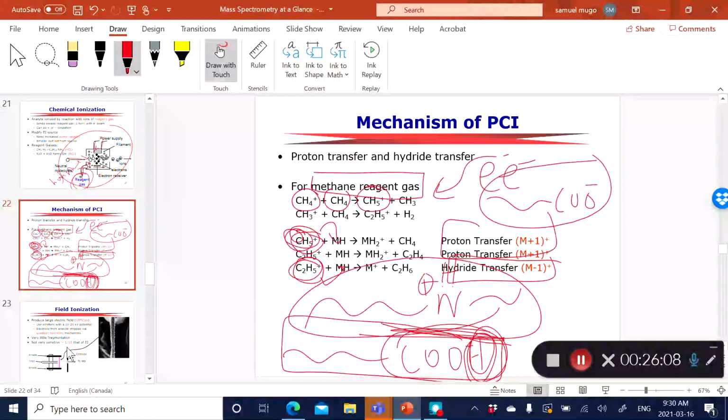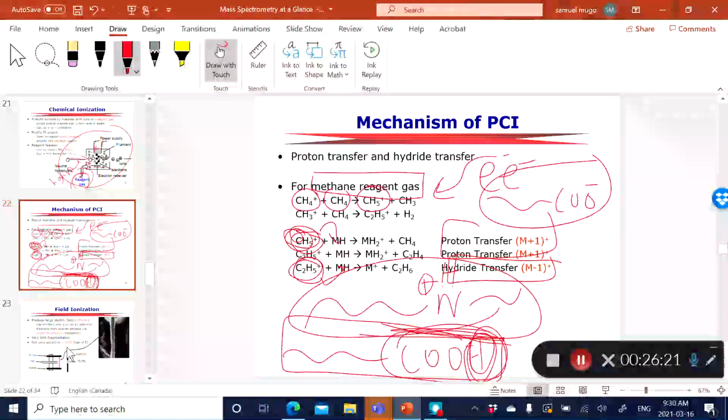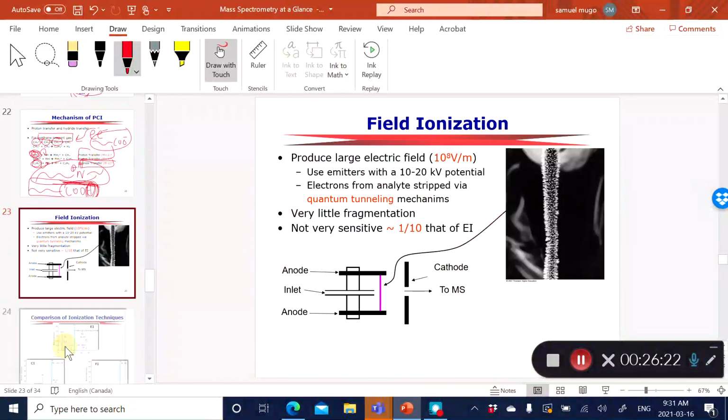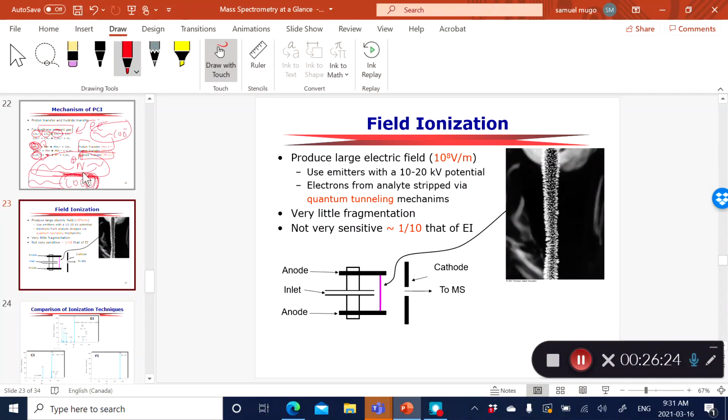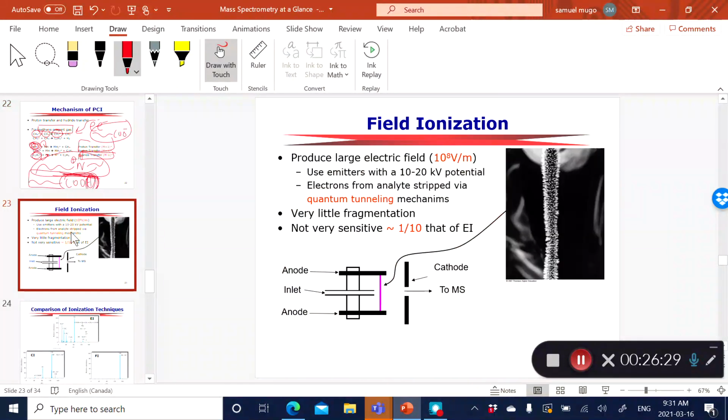But the key is you're using a reagent gas, it gets ionized, and the reagent gas transfers the charge to the molecule, either by protonation, depending on the nature of the analyte, or deprotonation. As I said, it's a fairly softer technique compared to the EI.